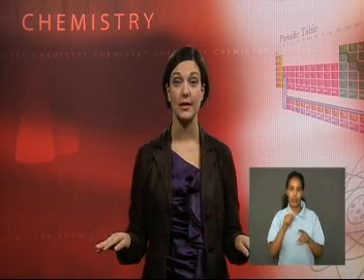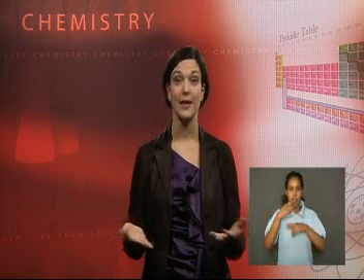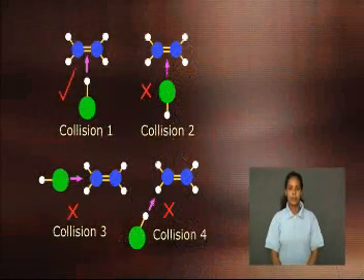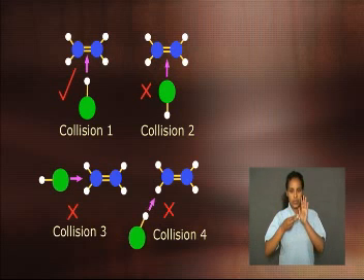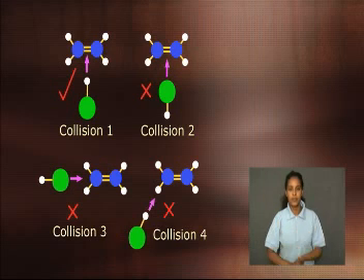Ineffective collisions do not result in a reaction that forms the desired product. Other collisions are called effective, which means that a reaction does take place and the desired product is formed.